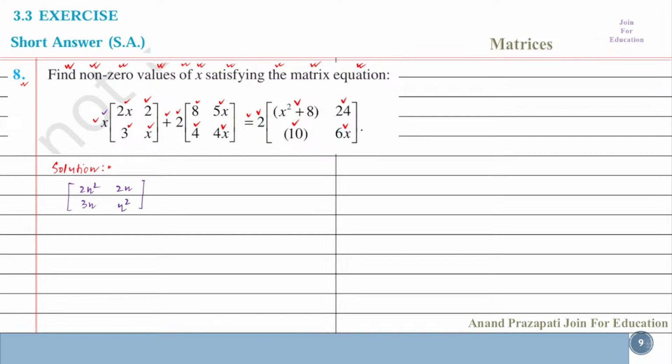There is no problem to understand up to this step. Each element of this one is multiplied by 2, then we get 16, 10x, 8, and 8x.